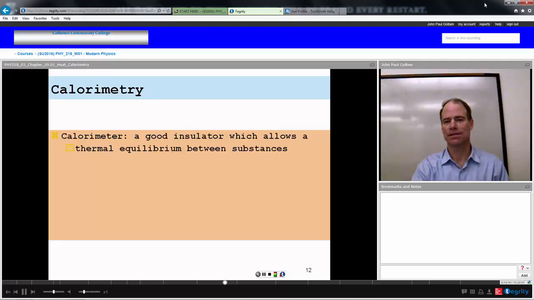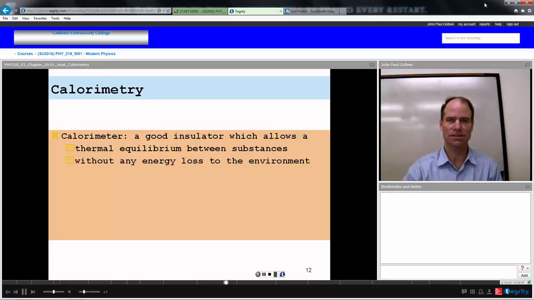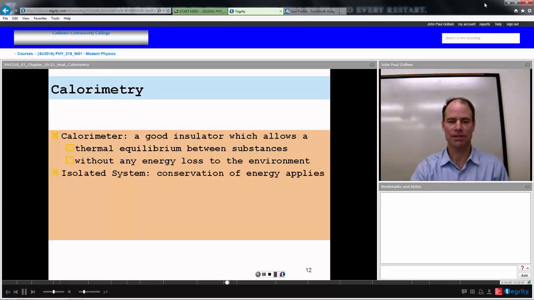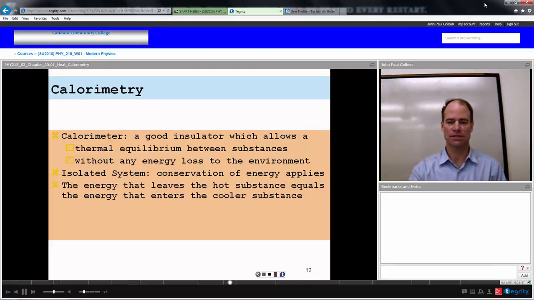Calorimetry. A good insulator allows a thermal equilibrium between substances without any loss to the environment. If we have this kind of isolated system, then conservation of energy should apply, and whatever heat is lost by one substance will be gained by the other substance.